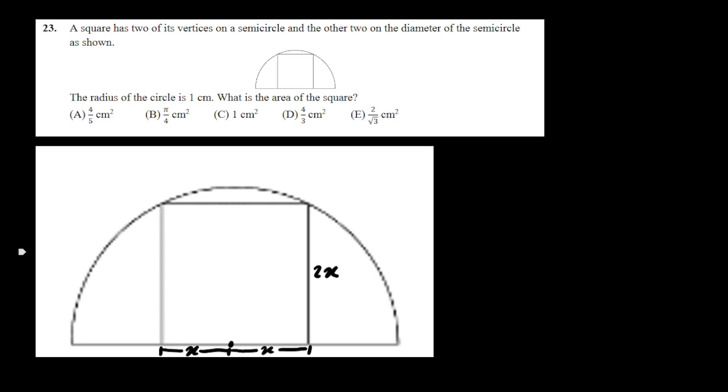And finally, with a semicircle, the distance from the center to the circumference of the semicircle, meaning all here, is 1. It's always going to be 1. So we can say that the distance from here to the edge of the square is going to be 1.